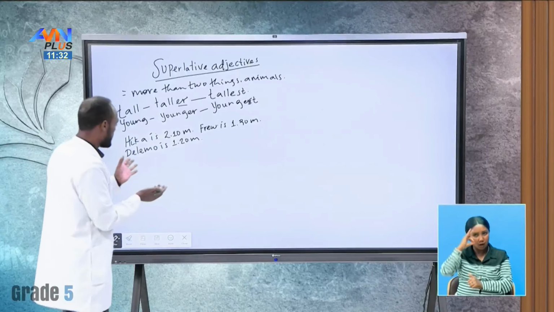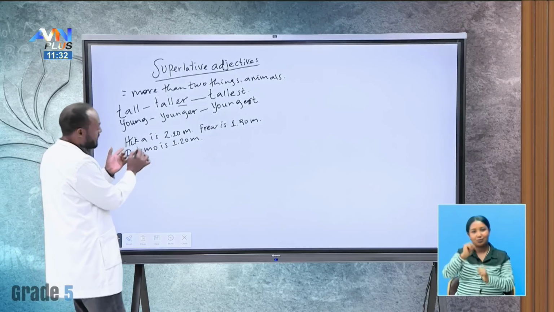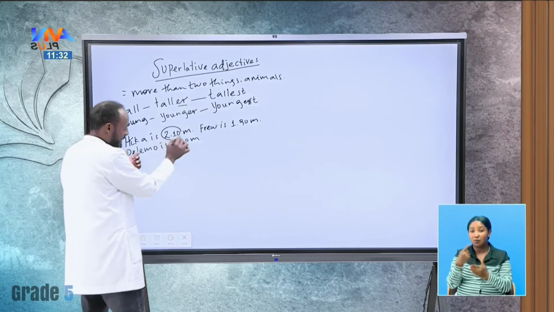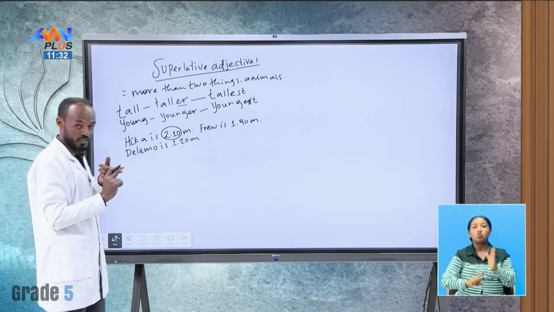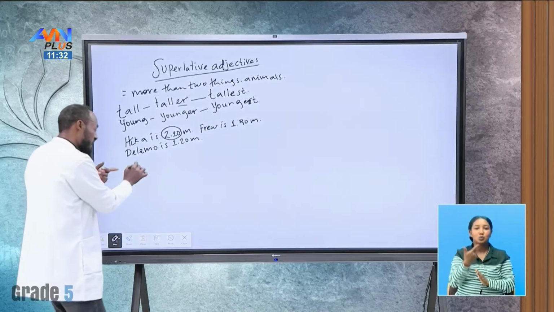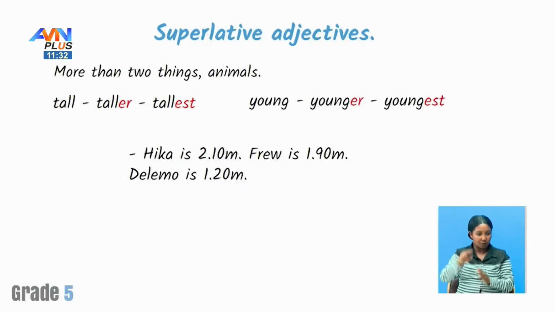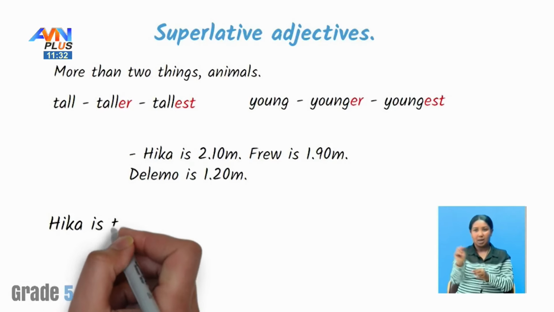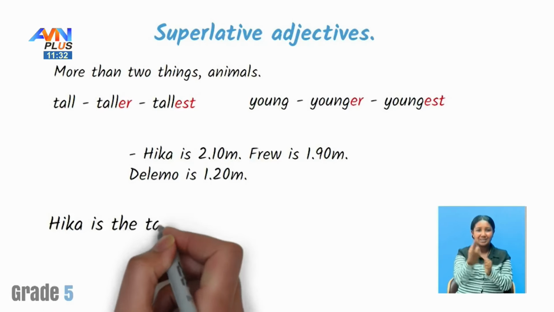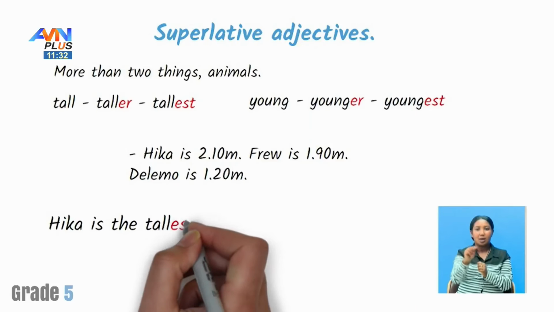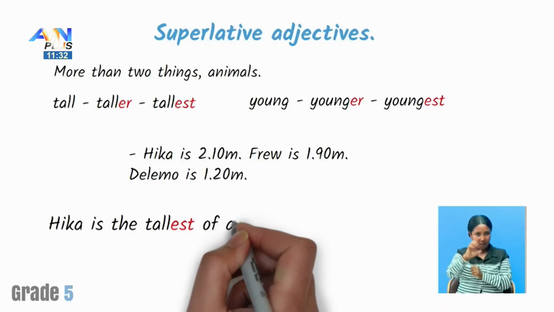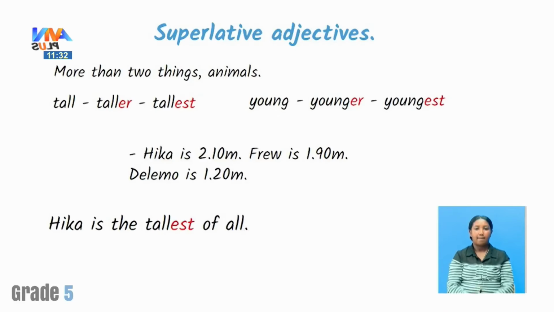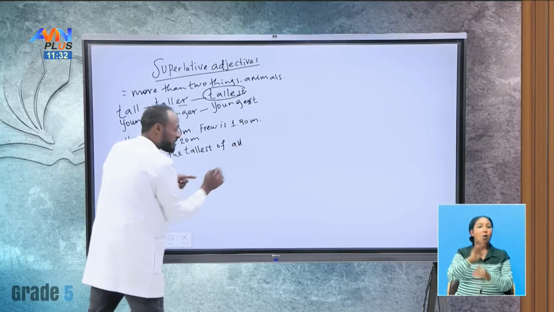Okay? So when we start from the tallest one, we have to say what? Hika is the, this structure could be taken. Hika is the tallest of all.